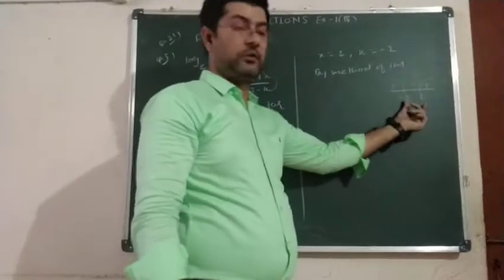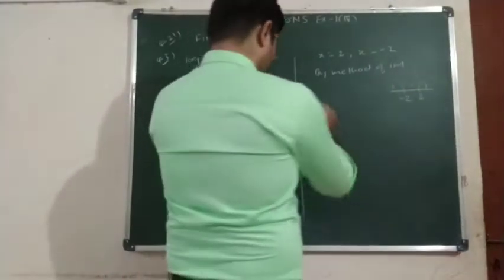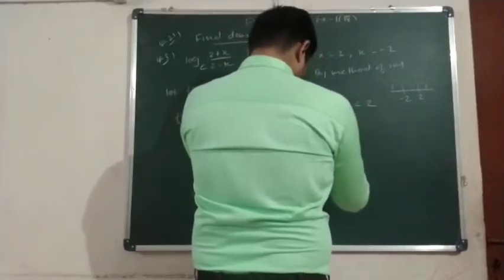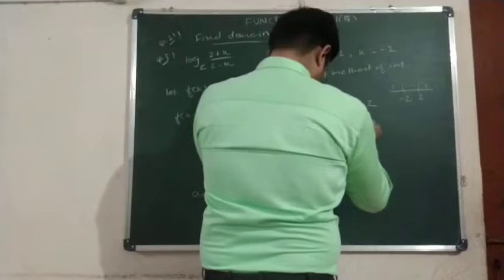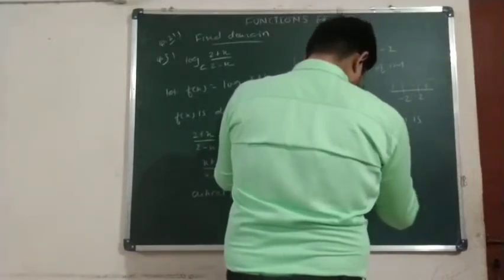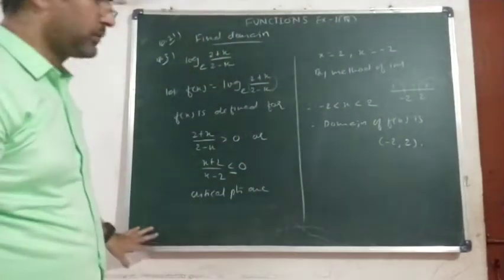Okay, so x lies between minus 2 and 2, and therefore minus 2 is less than x is less than 2, and therefore domain of function f of x is minus 2 to 2. Please note down quickly.